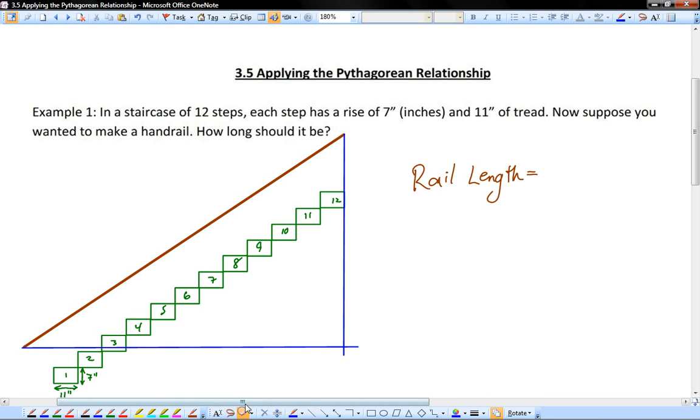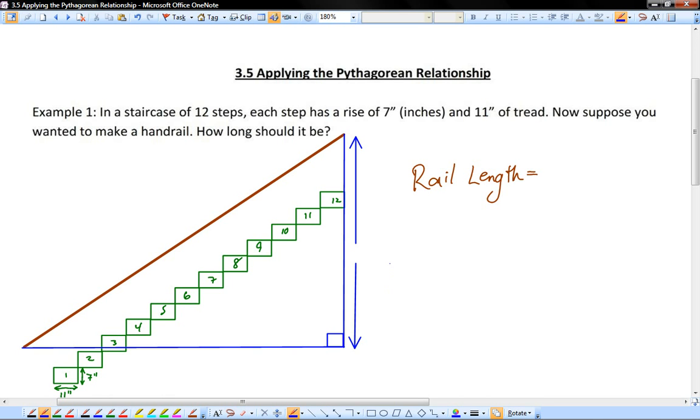So first of all, I'm going to complete this right triangle here, and I'm going to identify that right here is where we have our right angle, and I'm going to do some calculations to figure out the side lengths.